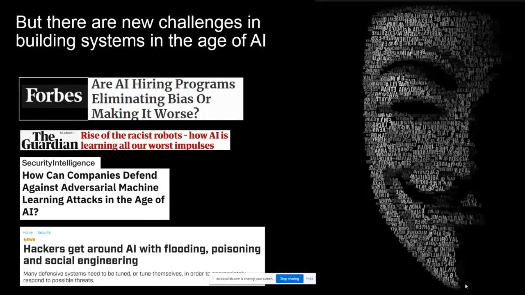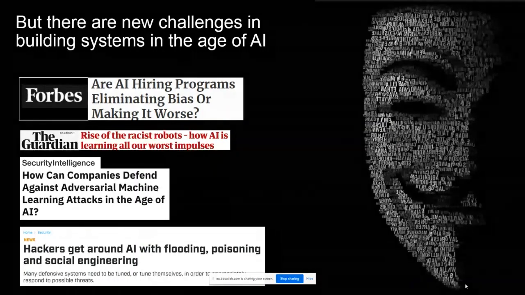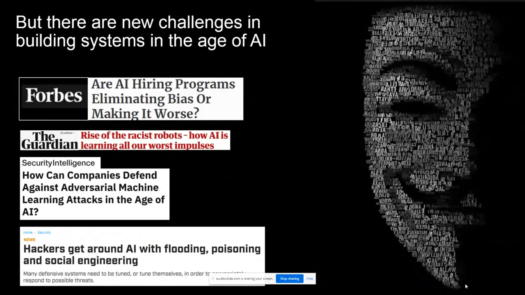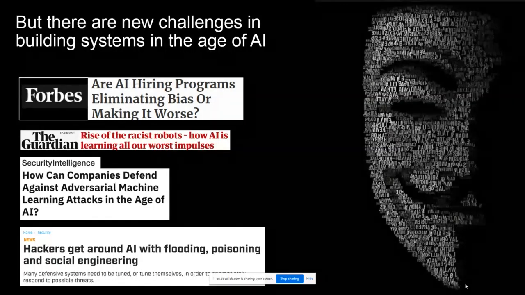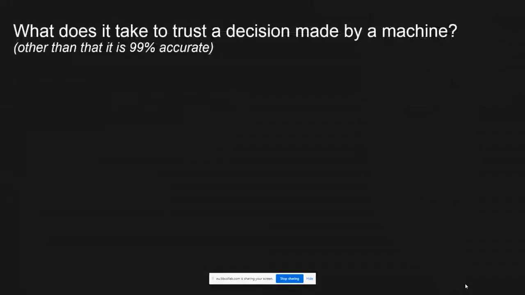Similarly, there have been famous examples of racist Twitter bots, or now companies need to think about AI security. You need to defend against adversarial attacks, poisoning attacks in particular. So there's a lot happening and new challenges that come with AI incorporated into these systems.